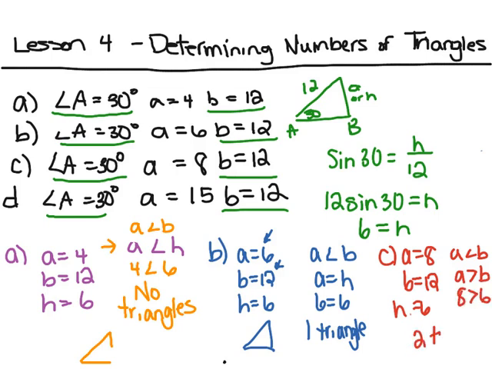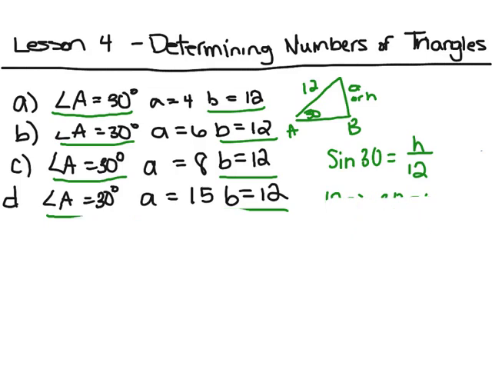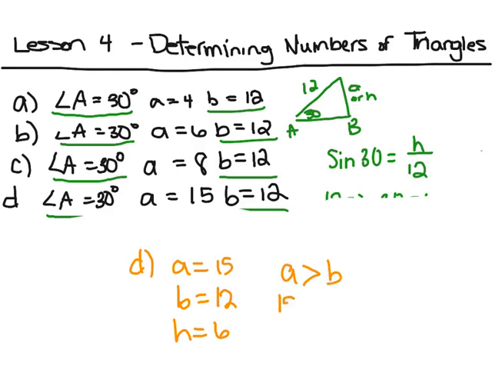So there's two possible triangles. And for D, we have A equal to 15, B equal to 12, H equal to 6. A is bigger than B because 15 is bigger than 12, so we already know there's just one triangle. So that is how you determine the number of triangles.